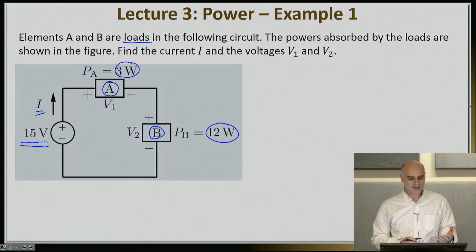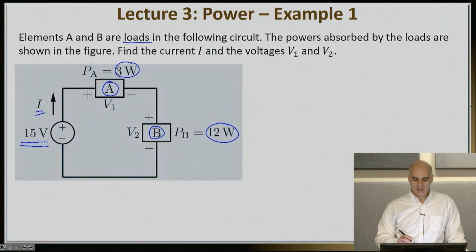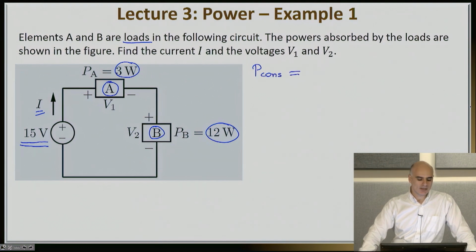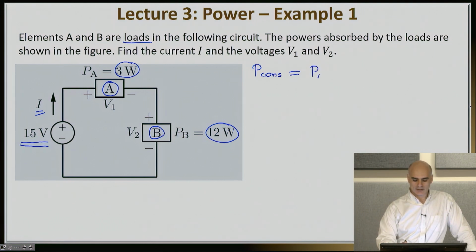So if I look at this circuit here and I ask the question, what is my total consumed energy? Then I would say, well, the two devices that consume energy are loads A and B, and that means that the total consumed energy should be equal to PA plus PB, or 15 watts.